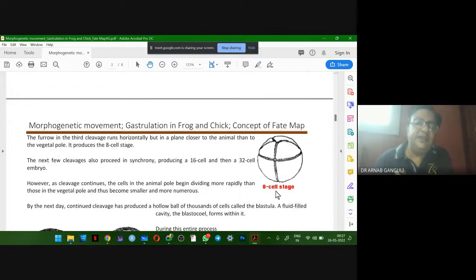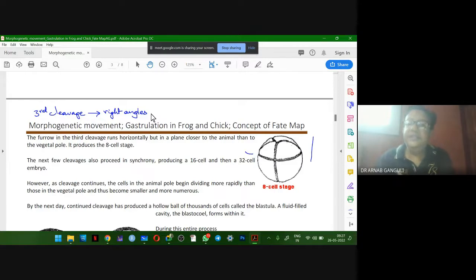Now, the third cleavage will take place. This is at right angles. One took place like this. One took place like this. A third will take place like this, horizontal. At the third cleavage, it will take place at right angles.